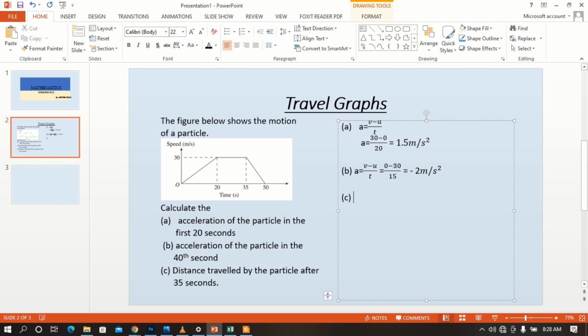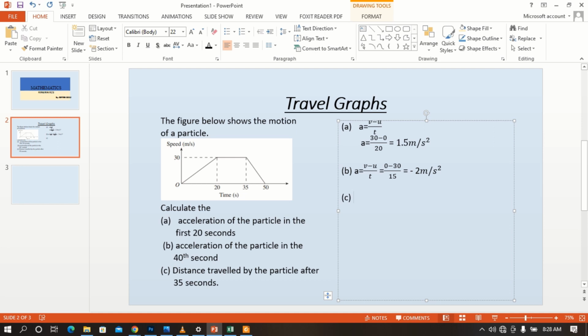In order to find the distance traveled by the particle, we simply use the area under the graph. Since this is a graph, finding the area given on the specified divisions, we obtain the distance traveled by the object. In this case, we want the distance traveled by the particle after the 35th second.